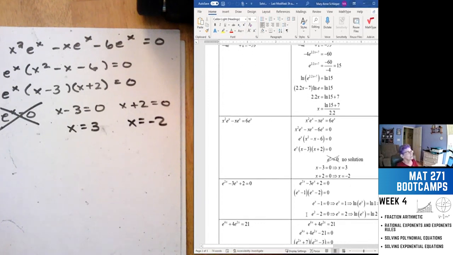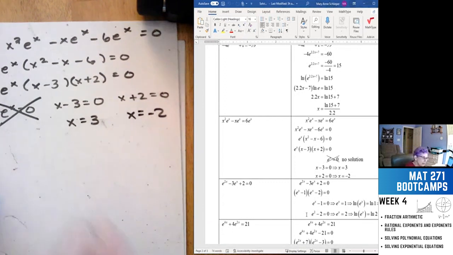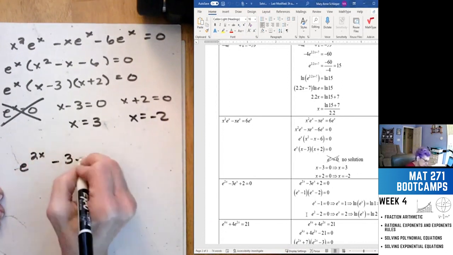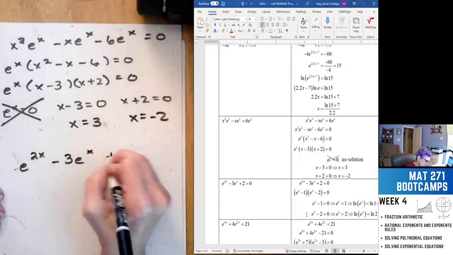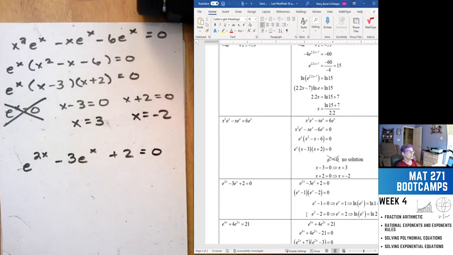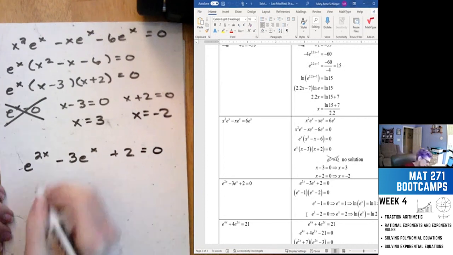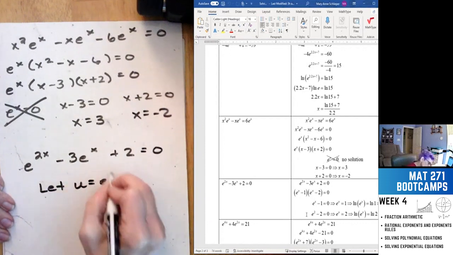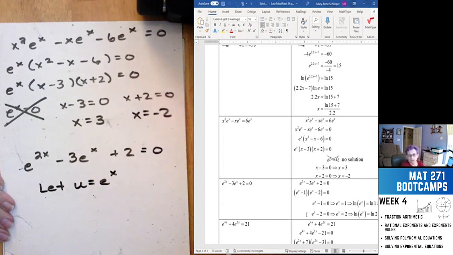Okay, we got another one. Looks kind of like a polynomial. We have e to the 2x minus 3e to the x plus 2 equals 0. So it looks kind of like a polynomial, except instead of x's, we've got e to the x's. What if I let u be equal to e to the x?